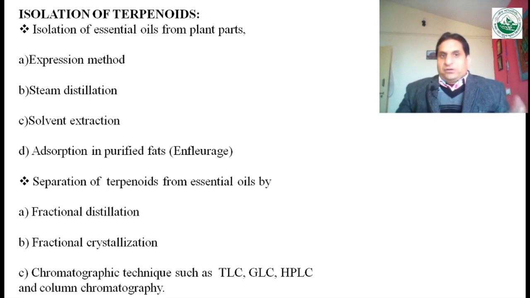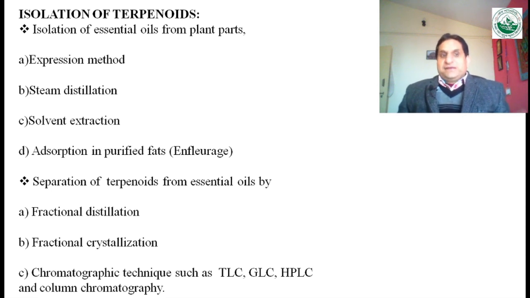If we talk here about extraction and isolation, there are two terms. The first one is extraction, the second one is isolation. Extraction means that when a mixture of components is present in the extract, it is known as the extraction process.